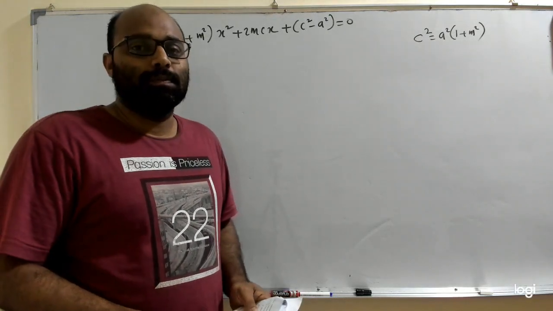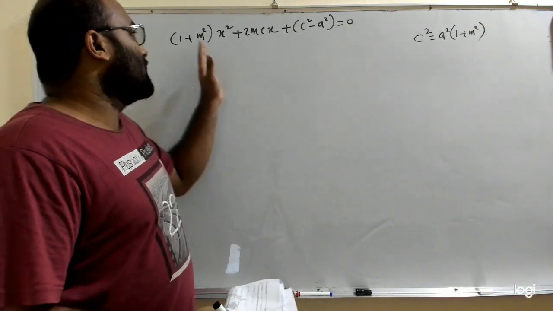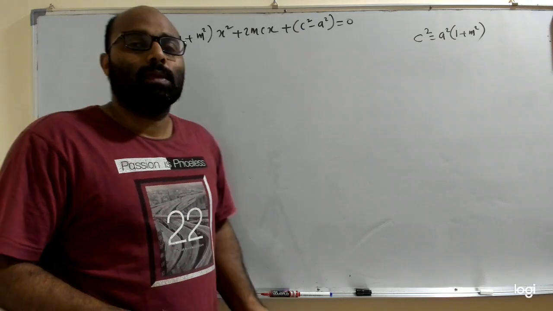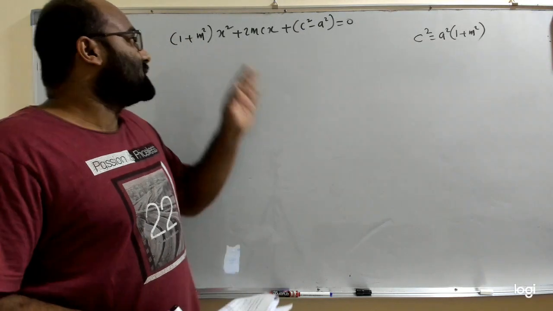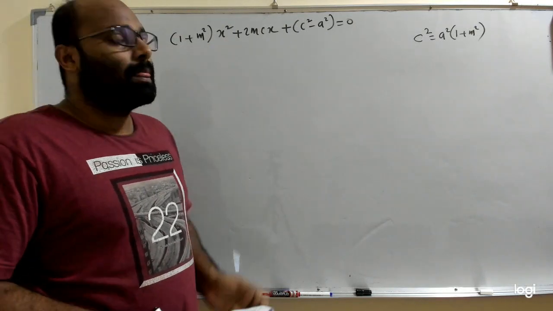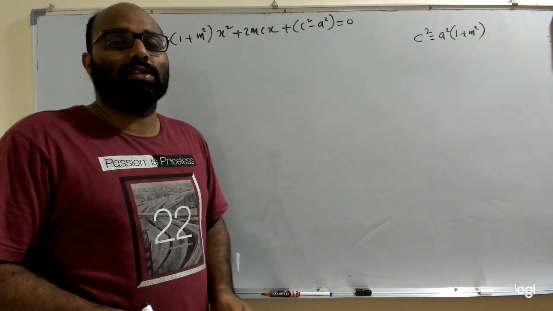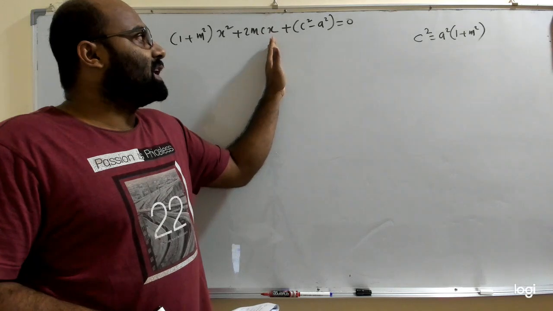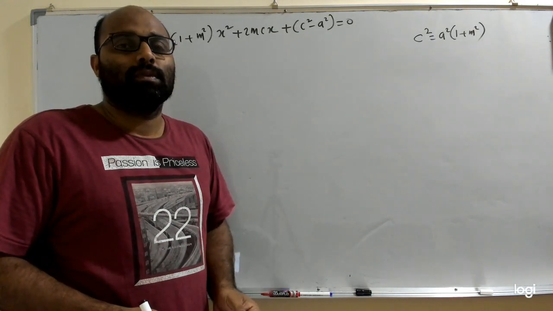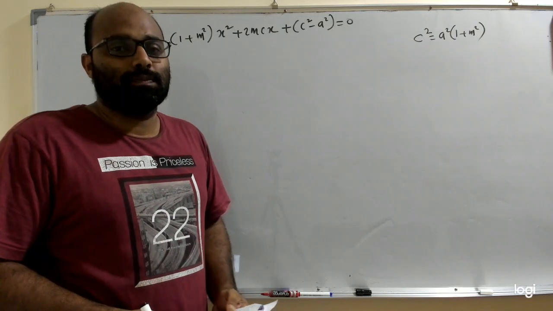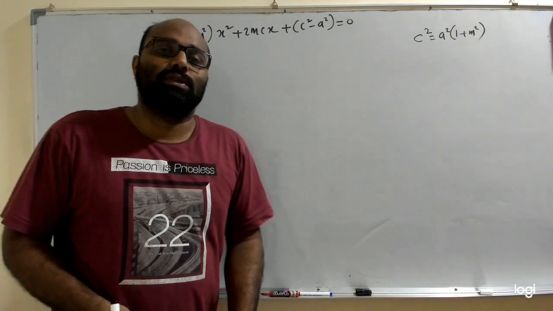Right now, given that the equation 1 plus m square into x square plus 2mcx plus c square minus a square equal to 0 has equal roots.